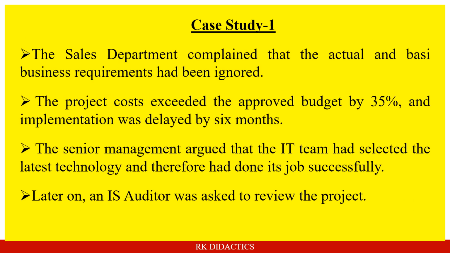The sales department complained that the actual and basic business requirements had been ignored. The project cost exceeded the approved budget by 35% and implementation was delayed by 6 months. The senior management argued that the IT team had selected the latest technology and therefore had done its job successfully.